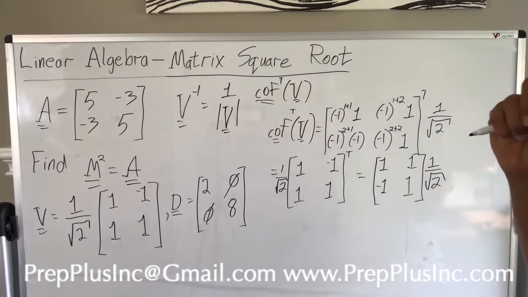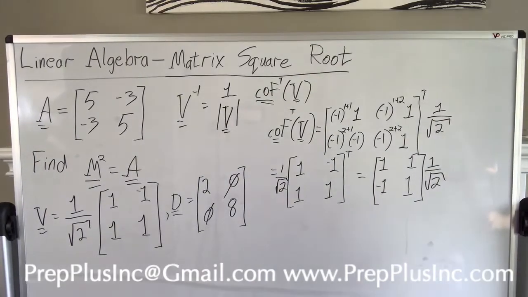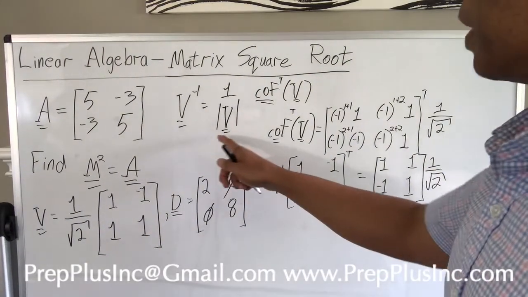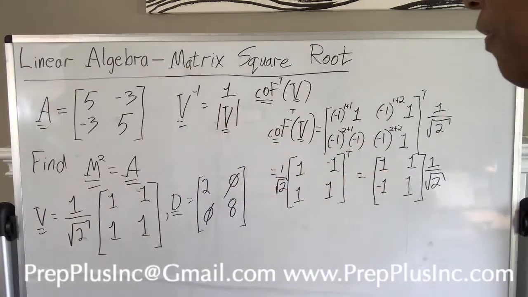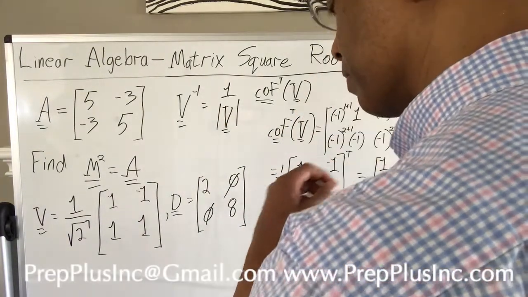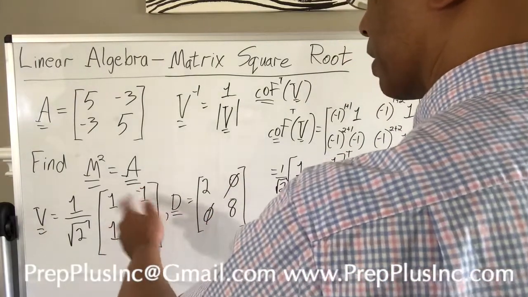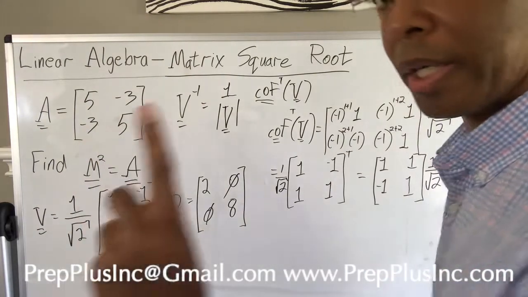So now, this is the transpose of the matrix of cofactors, and now we need to calculate the determinant of the V matrix. If we just look at it, the determinant of this V matrix is 1.